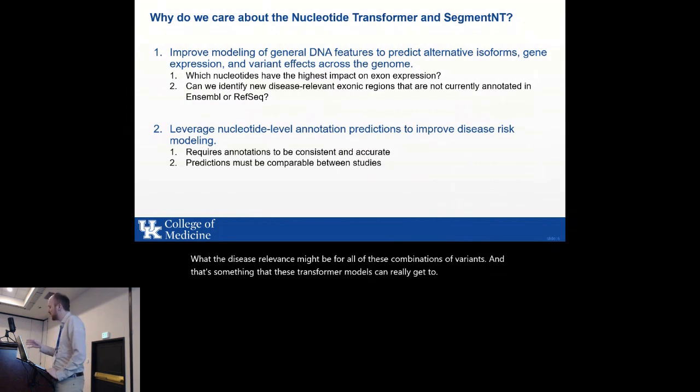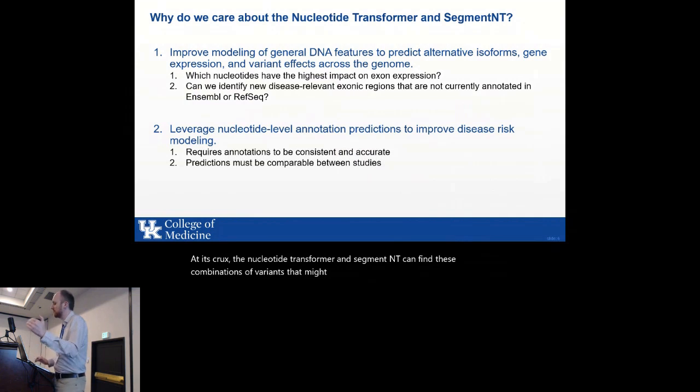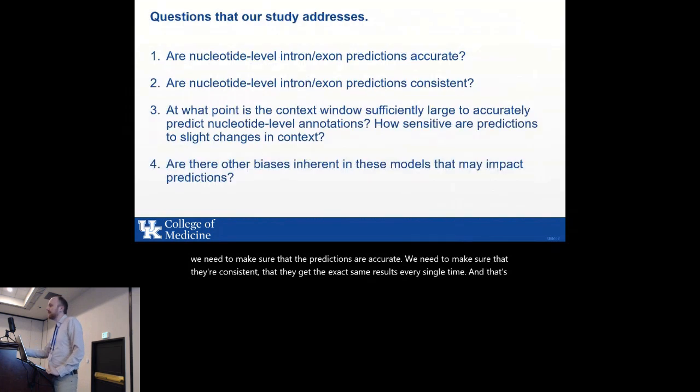At its crux, the nucleotide transformer and SegmentNT can find these combinations of variants that might be disease relevant. But to get there, we need to make sure the predictions are accurate. We need to make sure they're consistent, that they get the exact same results every single time. That's what our study here is going to address, and that's what Mark is going to be talking about in terms of our results, right?